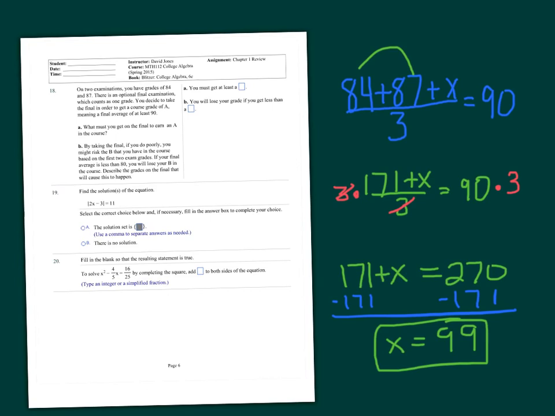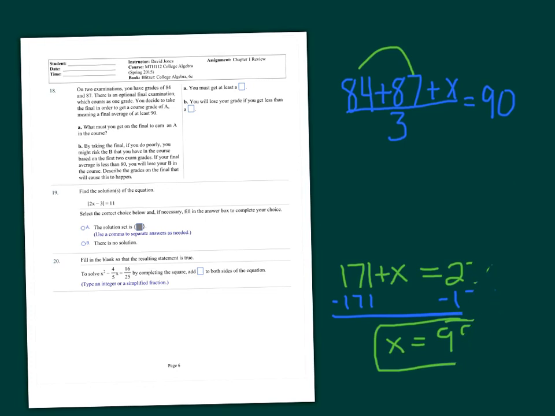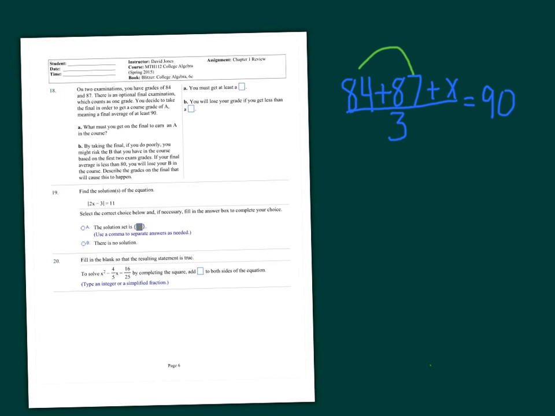So if we go back, let's backtrack a bit. And instead of 90, we make this 80. We're saying what do we need to get so that we have an average of 80.